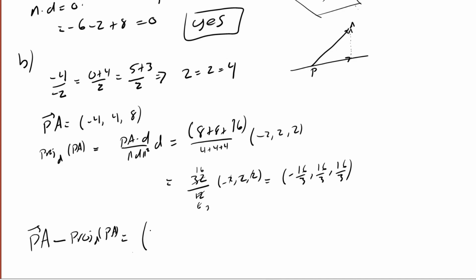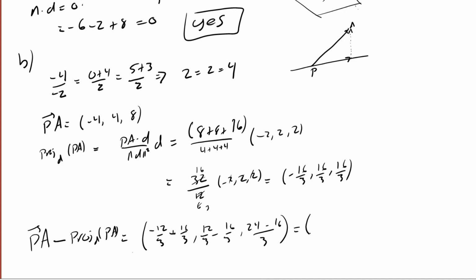So now I can do minus 12 over 3 minus 16. And then I have 12 over 3 minus 16 over 3. And then I have 24 minus 16 over 3.